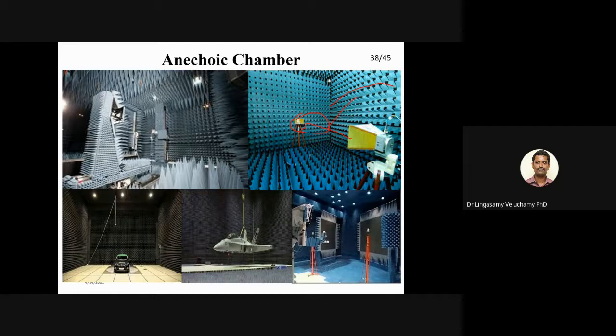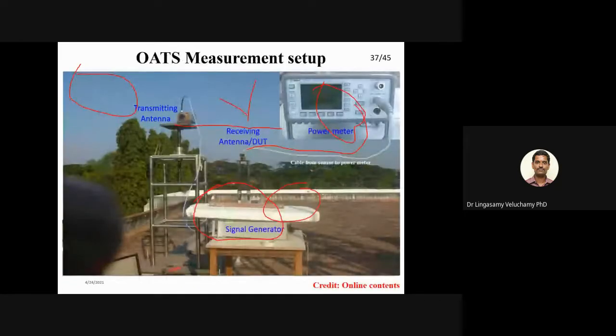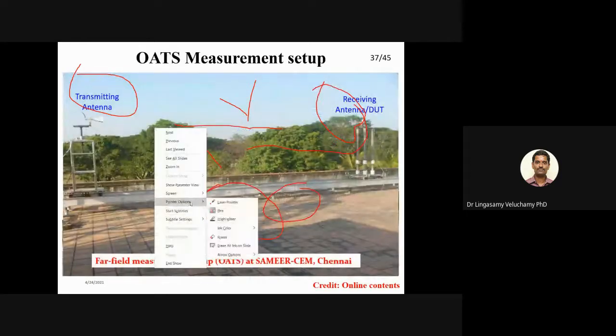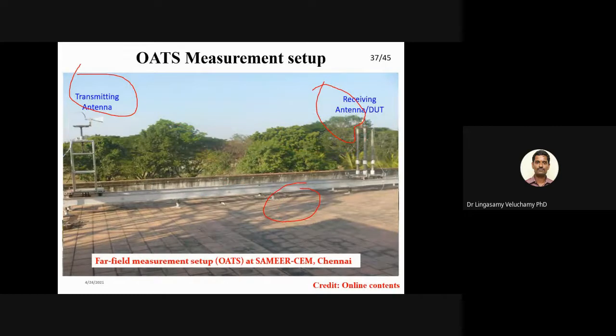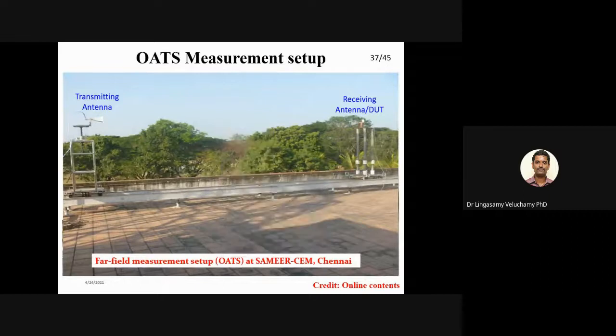For example, in the open area test site, another disadvantage is that the wave can reflect from here and then be received here. There may be direct waves and also reflected waves.